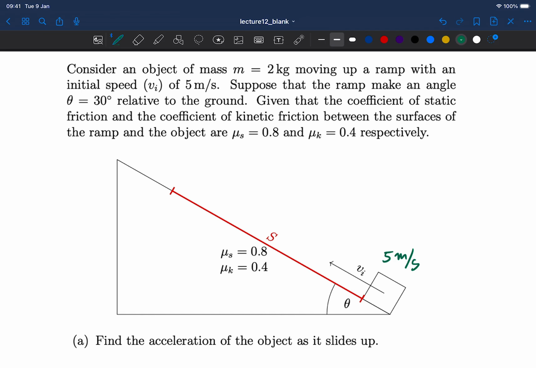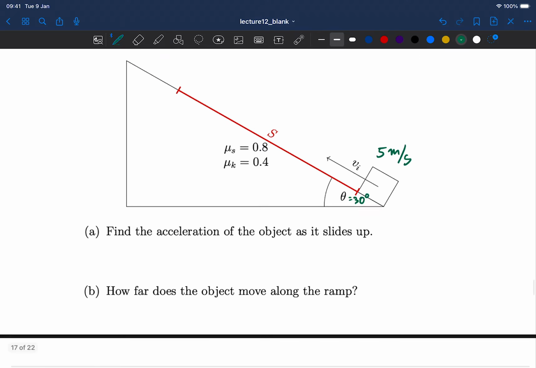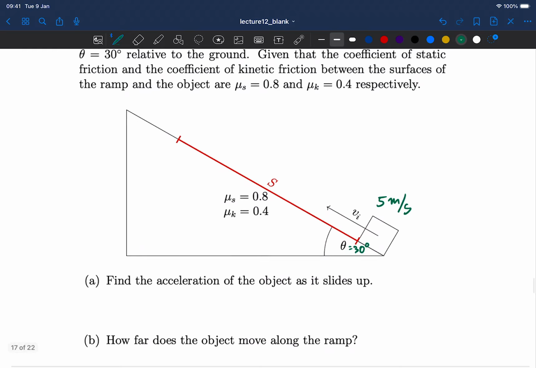And we have the angle equal to 30 degrees. And we have coefficients of static and kinetic friction given to you, 0.8 and 0.4. So it's just asking two simple questions. What's the acceleration when it's sliding up?